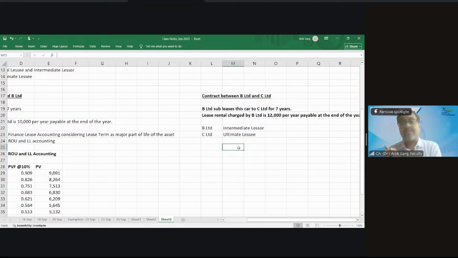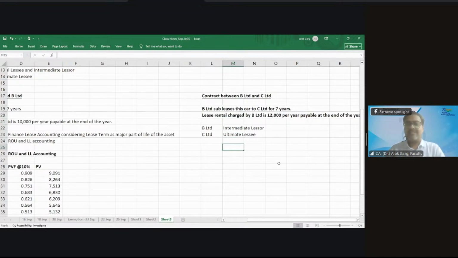But from the perspective of the second contract, B Limited has a usable life only for 7 years. And B Limited subleases also for 7 years, right? So in case of a sublease contract, you have to compare the sublease term with the original lease term, with the ROU term. Right?